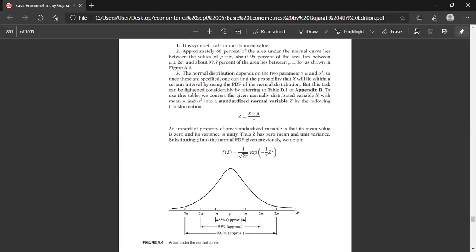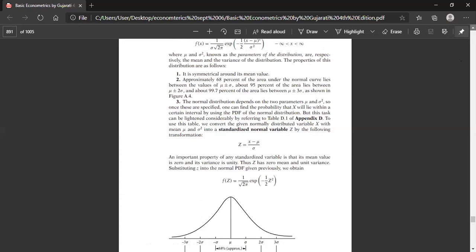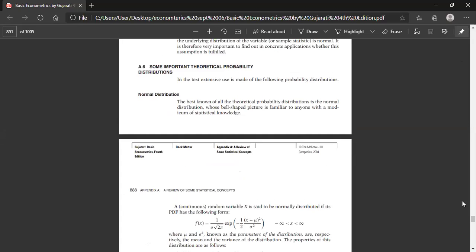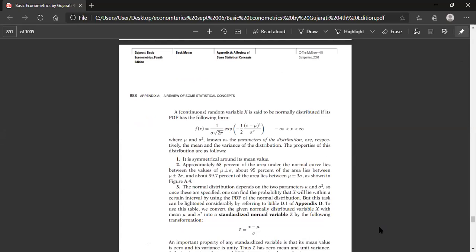You have drawn this curve if you know mu and sigma square. Look at this density function; you guys should read between the lines. That's why probability and statistics is a must for this class.